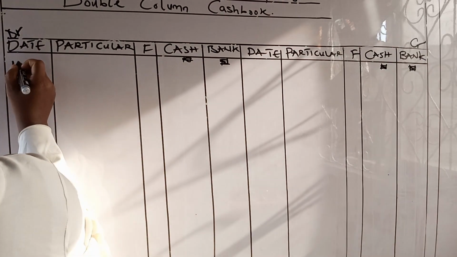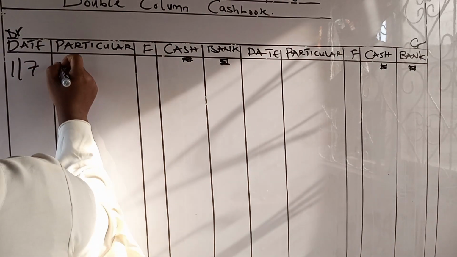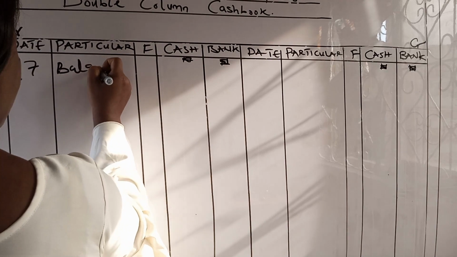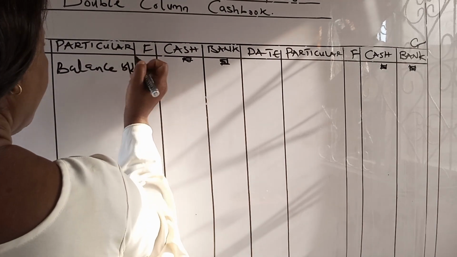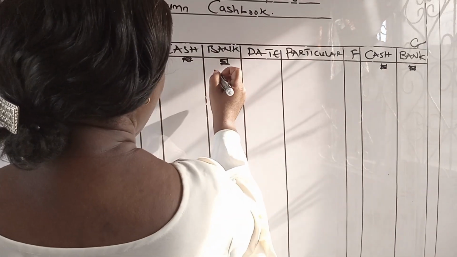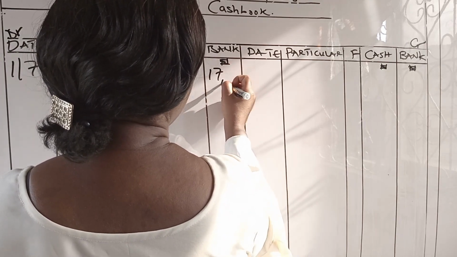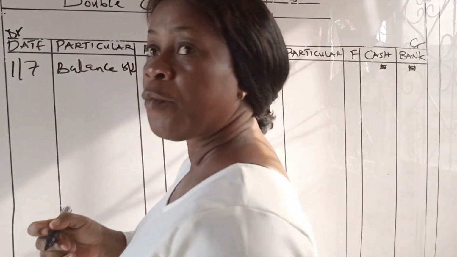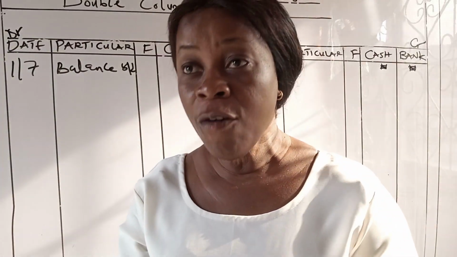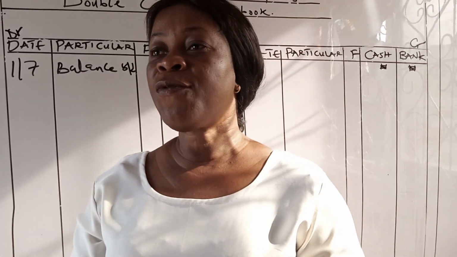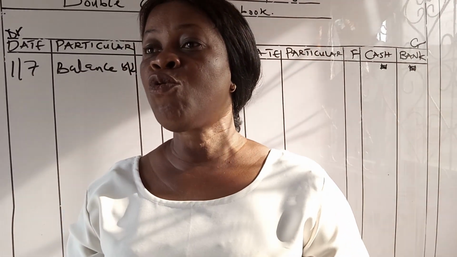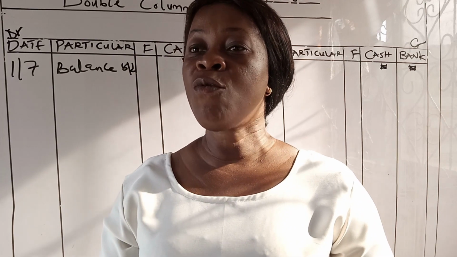So balance BD, bank column 17,000 naira. On the 2nd of July, receive cash of 3,200 naira from Agagu.